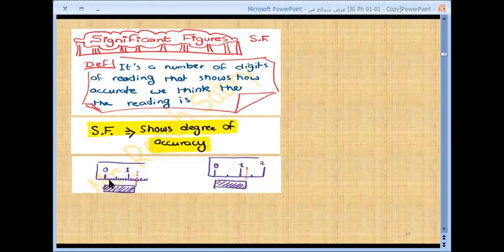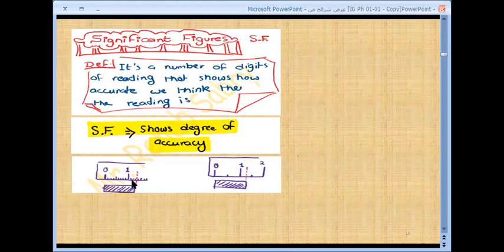So here, if I ask you to measure this, what is the reading that you are sure it's the length of the line? Let's see, 1 centimeter. Yes, excellent.